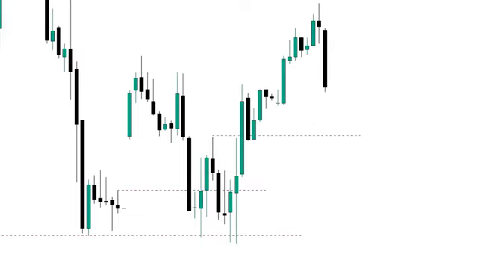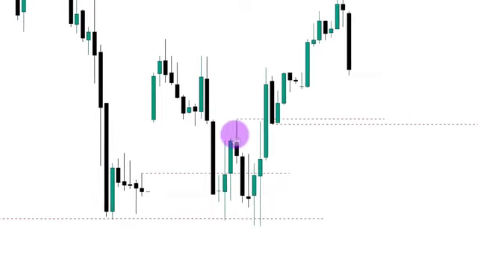So what I see here is I see liquidity residing below this low. So I would like to see price take out liquidity and trade into the bullish breaker right here. So I like to see this guy trade below this guy, trade into the bullish breaker.